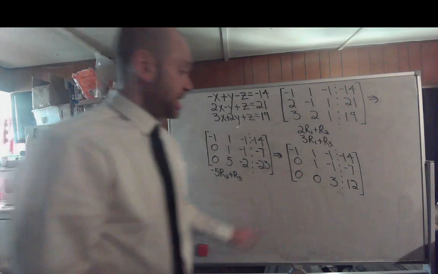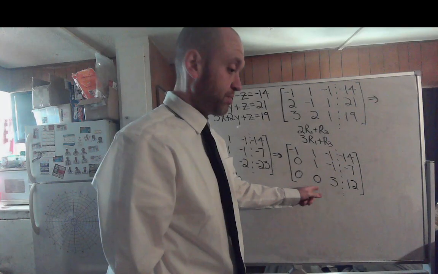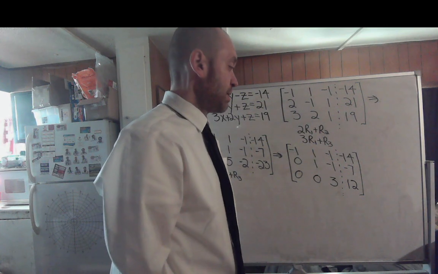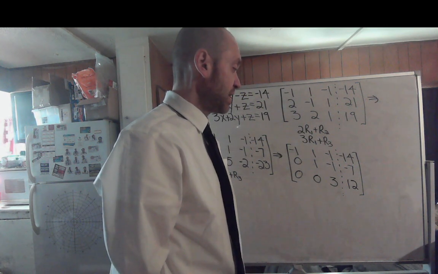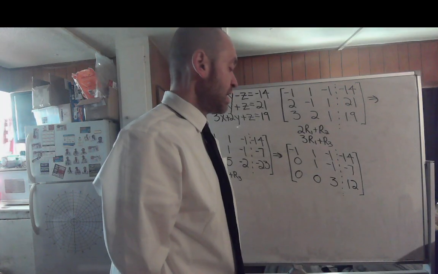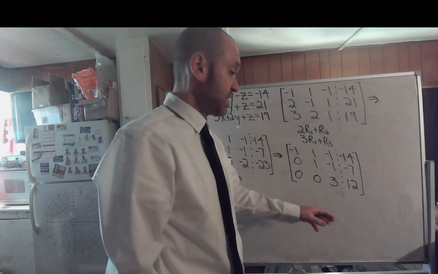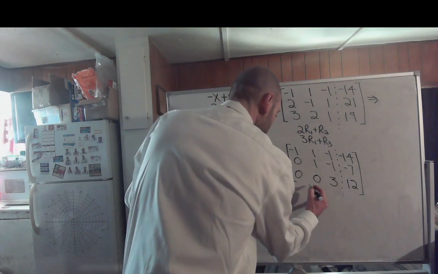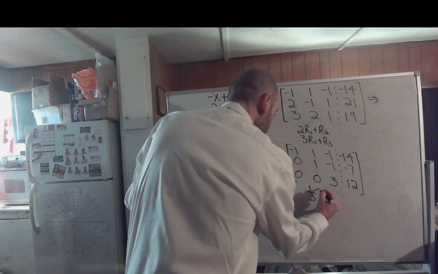So we got now both of the first two digits in row 3 to be a 0. It would probably help if I made the third digit, the leading digit in row 3, a 1. I can accomplish that just by taking a third of row 3.